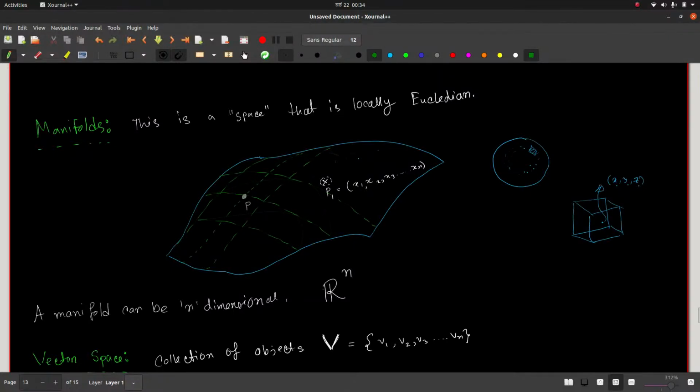Since there are some curves, from our knowledge of single variable calculus, we may be able to draw some tangents over here, right? That means we can differentiate. Obviously these curves have to be differentiable, they have to be smooth.